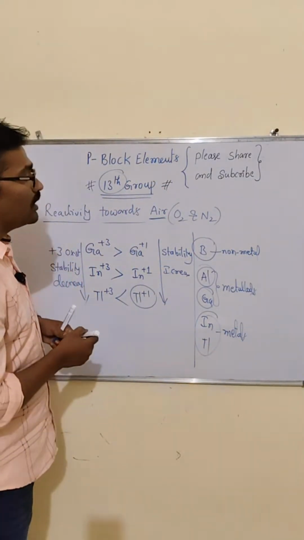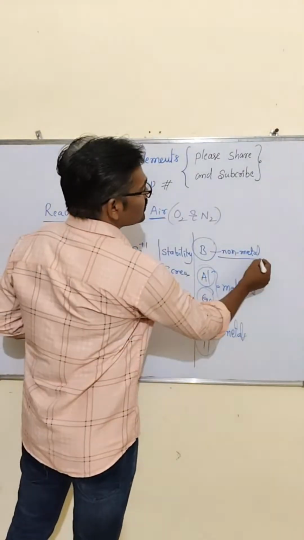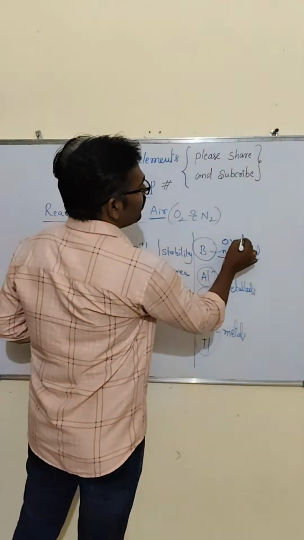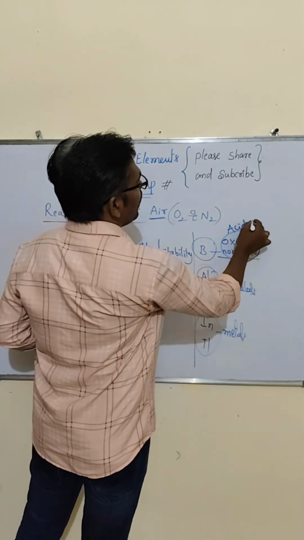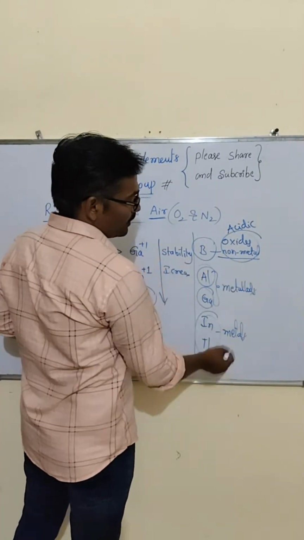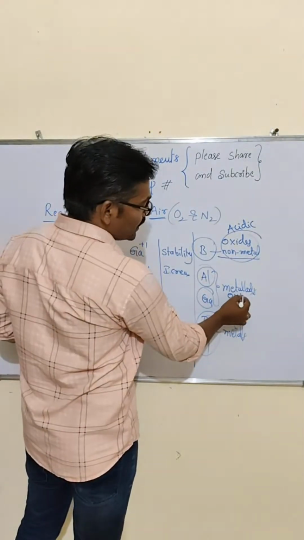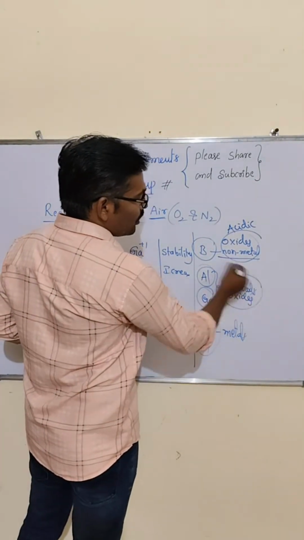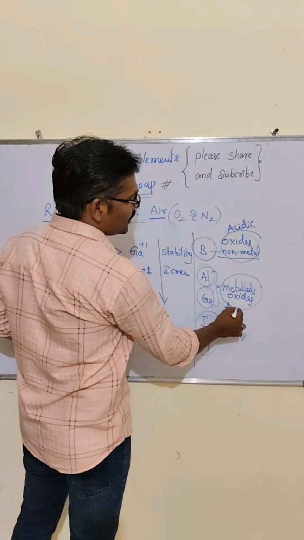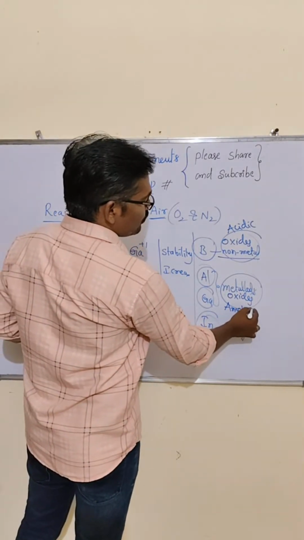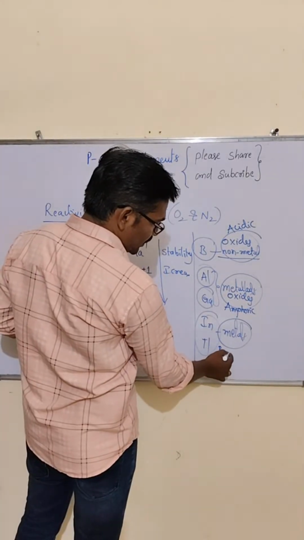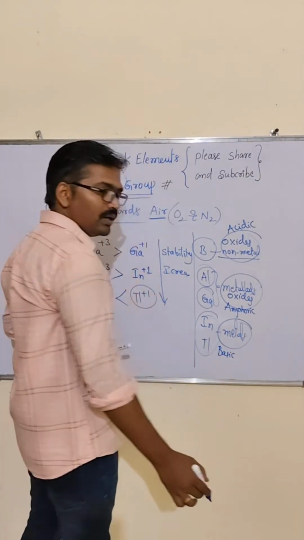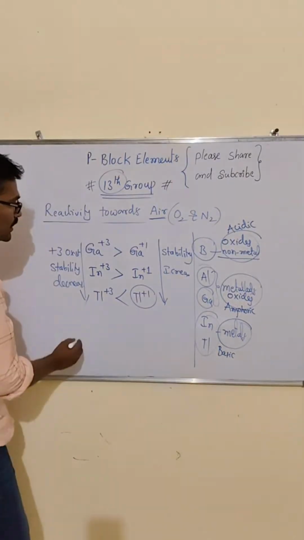So remember, non-metal oxides are acidic in nature, metalloid oxides are amphoteric in nature, and metal oxides are basic in nature.